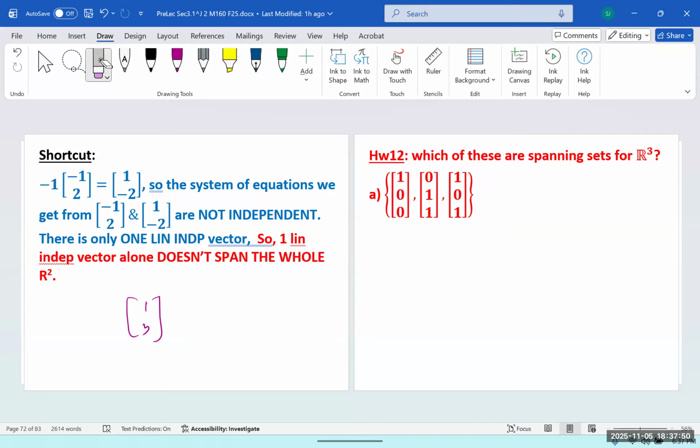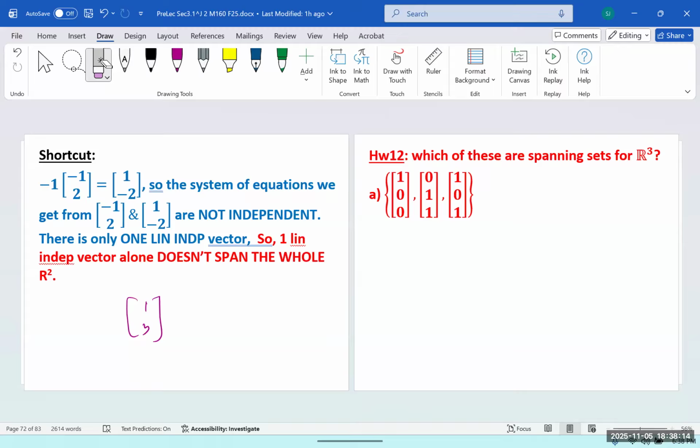So what do you think? 1, 0, 0, 0, 1, 1, 1, 0, 1. This set of vectors, do they span the entire R3? Now this one is hard to figure out the linear combination, right? Because it's 3. So for this one, which is the easiest method?